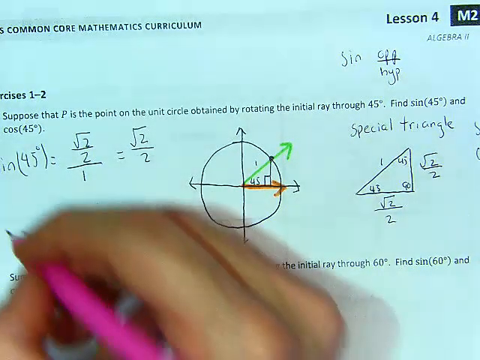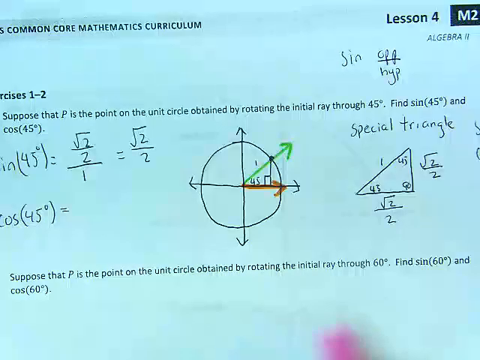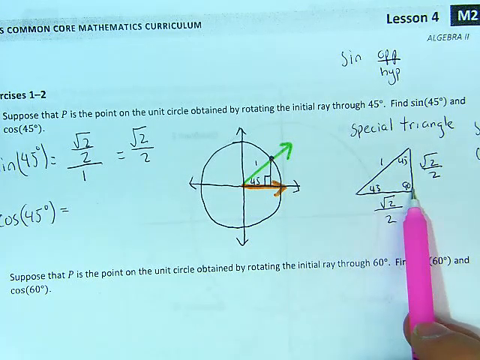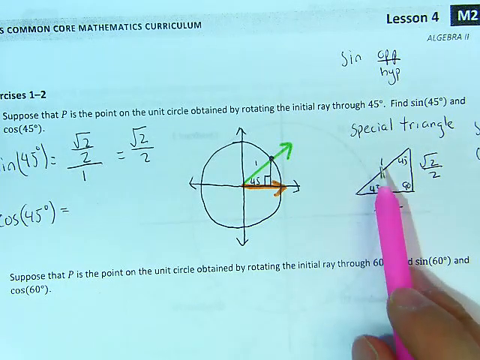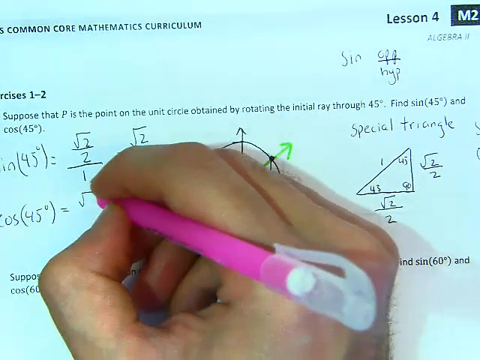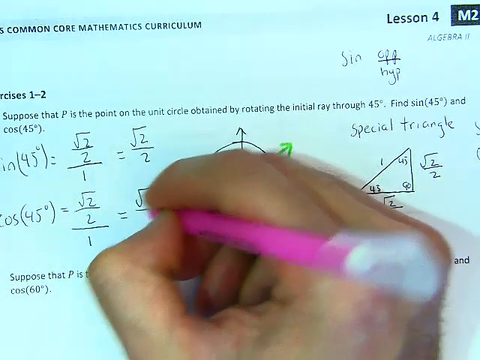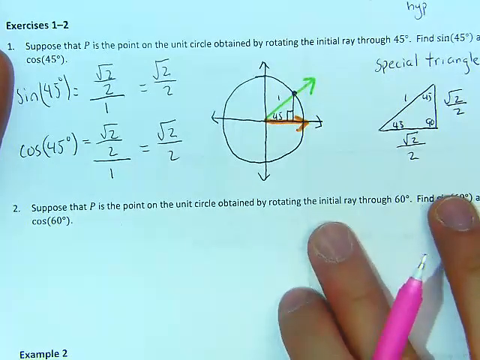And cosine of 45 degrees will be the same thing, because cosine is adjacent over the hypotenuse. Our adjacent is square root of 2 over 2, and our hypotenuse is 1, so this is square root of 2 over 2 divided by 1, which is just square root of 2 over 2. Okay? Let's look at the next one.